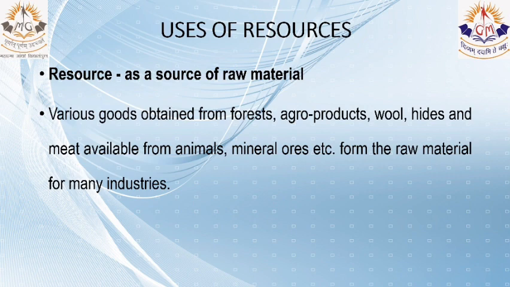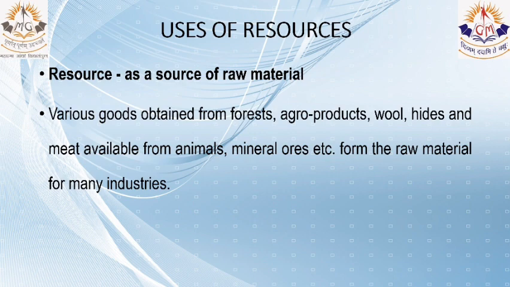Same way, lots of industries, they are dependent on agriculture for their finished products. For example, the bread that we use, the biscuits that we use, they are totally based, they are called agri-based industry or agro-based industry, because they are dependent on agriculture.